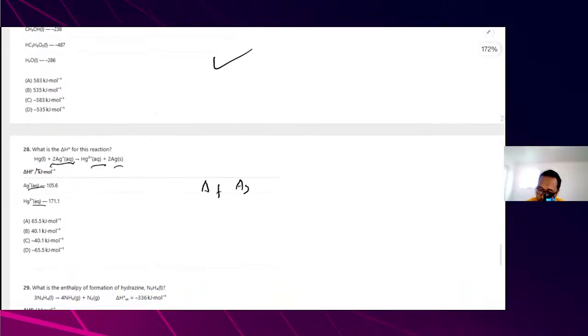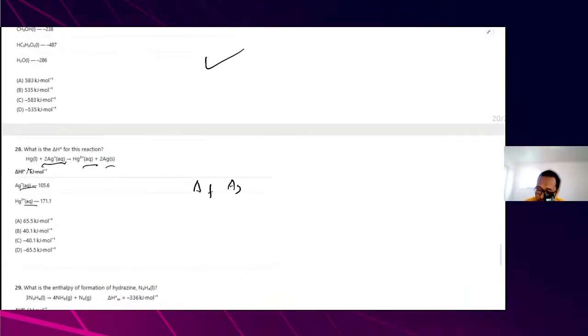So let's take a look again. We need to deal with this problem. Okay, so now Ag aqueous should be the same thing: product and then reactant. Product minus reactant.